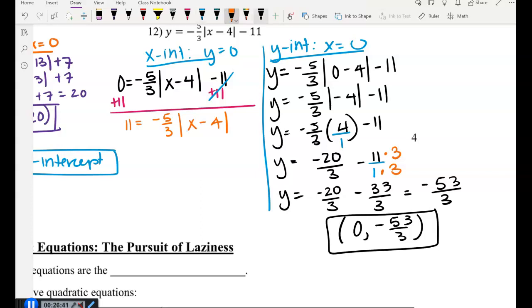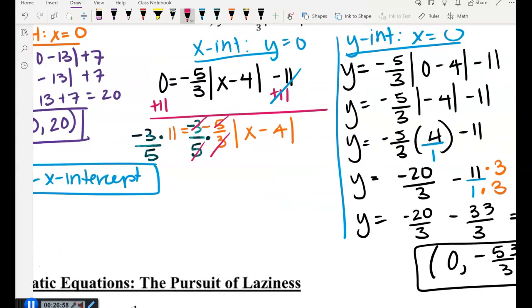Yeah, multiply by its reciprocal to get rid of that fraction in the front. So negative 3 over 5. What we multiplied to one side, we multiplied to the other. So as you can see, the negative 5 would cancel, negative 3 would cancel. So the absolute value is now completely isolated.